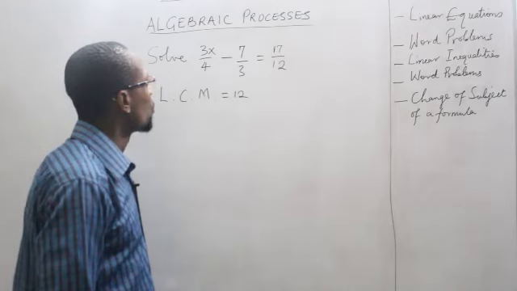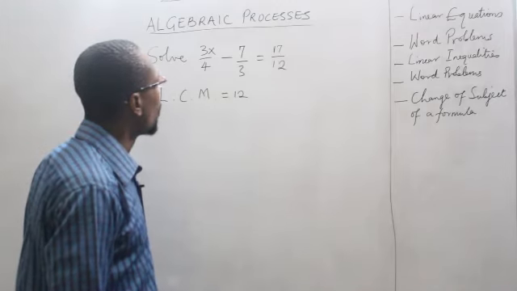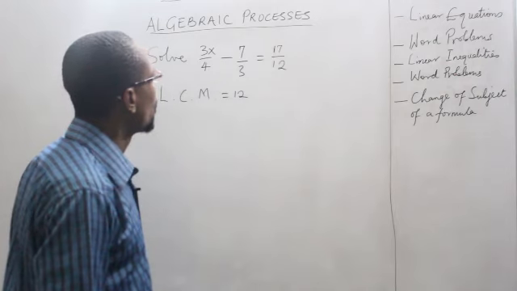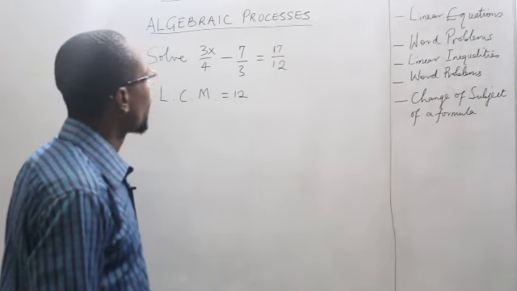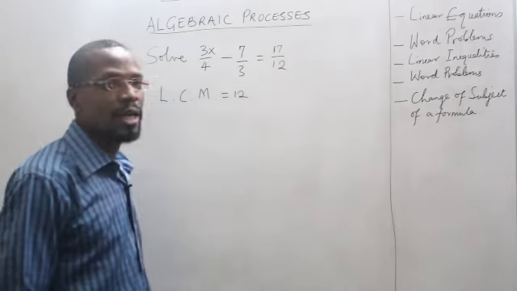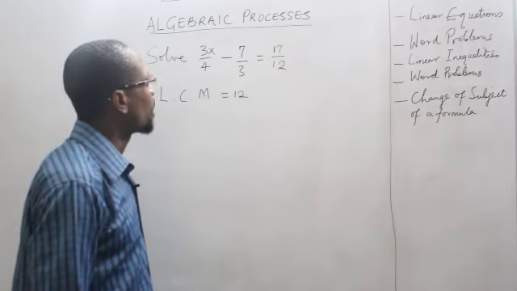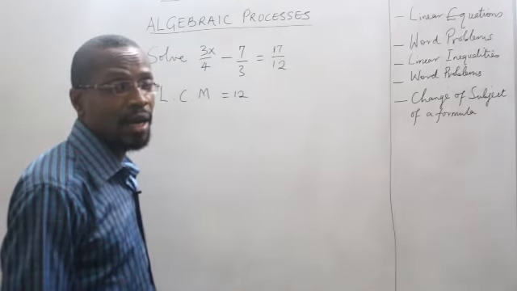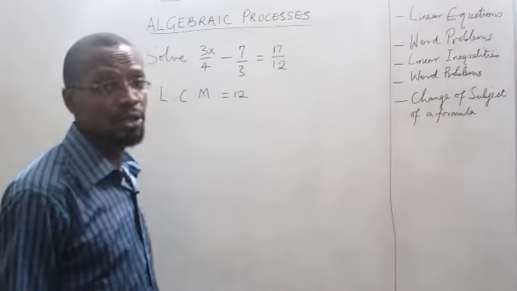So since we have 12 as our LCM, and that 12 is on the very last term, we can decide to simply multiply through the terms with the LCM. And by the time we do that, all the denominators will vanish, and then our equation will become simpler to solve.